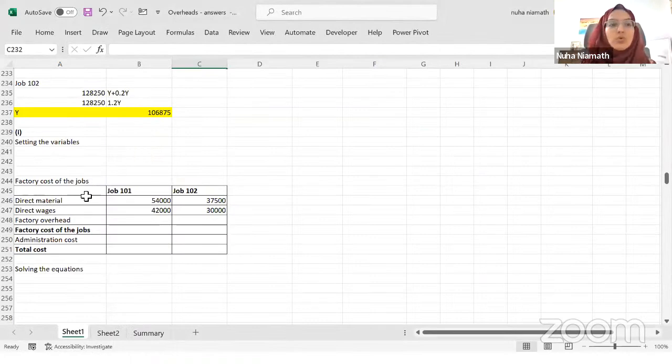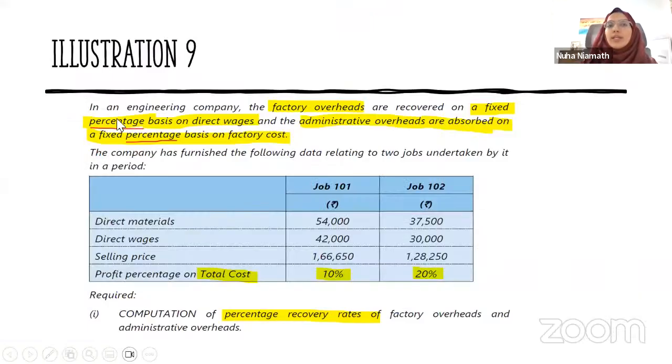So if we go to setting the variables, what we can do is give the factory overhead percentage as F. We'll just give it a variable.